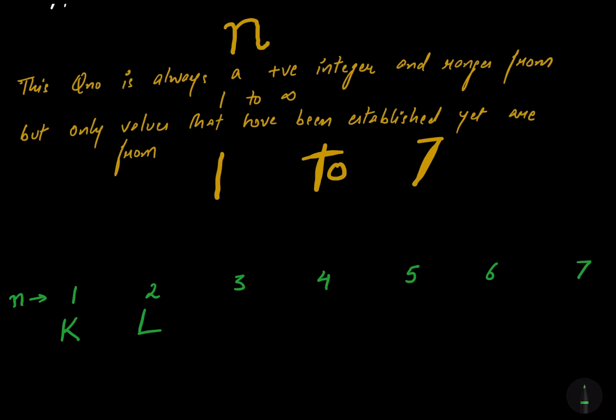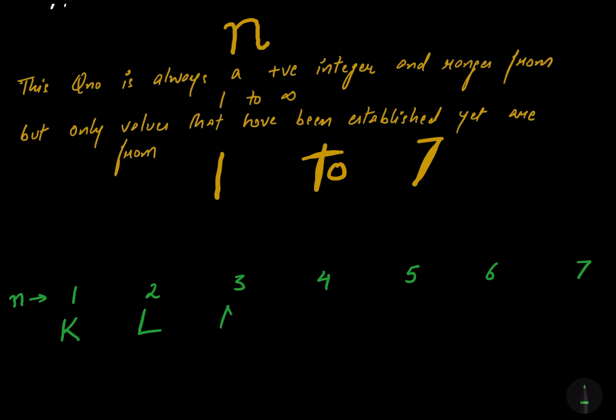The second one is L, the third one is M, the fourth one is N, the fifth one is capital O, the sixth one is capital P, and the seventh one is capital Q. These shell numbers are also designated by these alphabets.